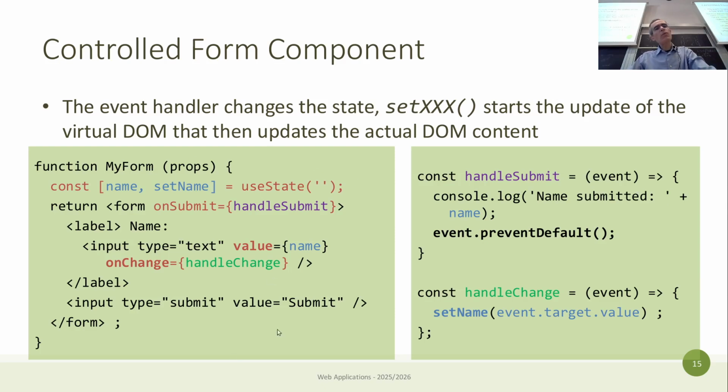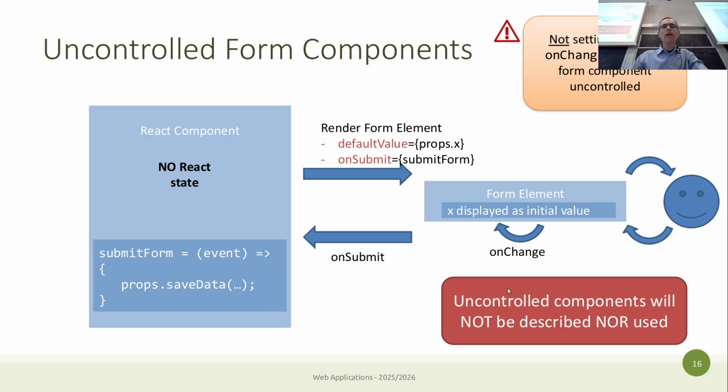So that's the way in which we can write a controlled form component. Very simple form component, it just has one text box and a button. Uncontrolled form components are not described here. Just remember that you should use default value in that case, because the value fixes the value.